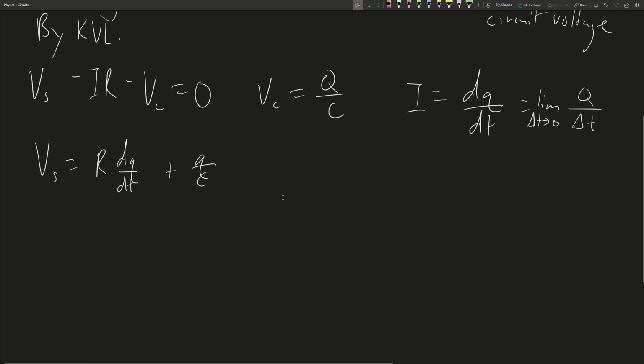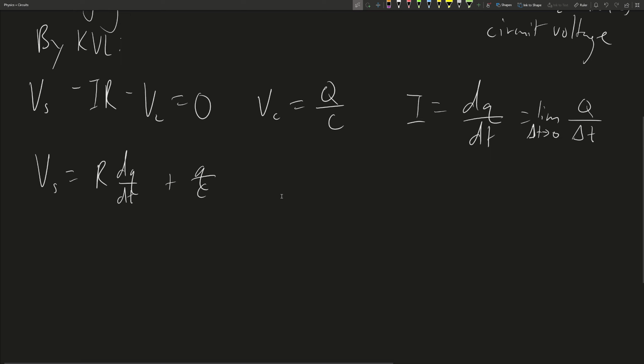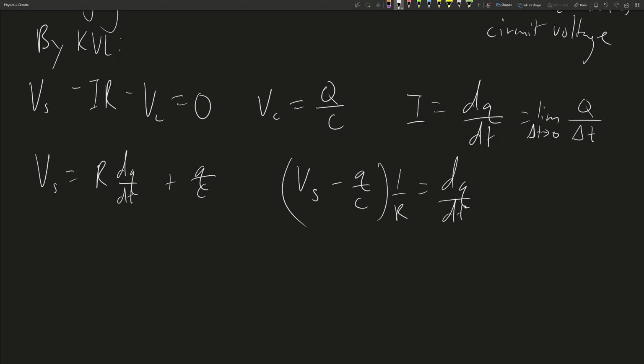And so we can rearrange this and then integrate to solve the differential equation. So what we get then is Vs minus Q over C times 1 over R is equal to dQ over dt. Alright.